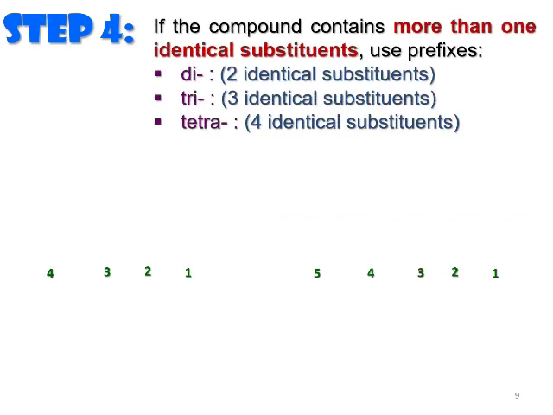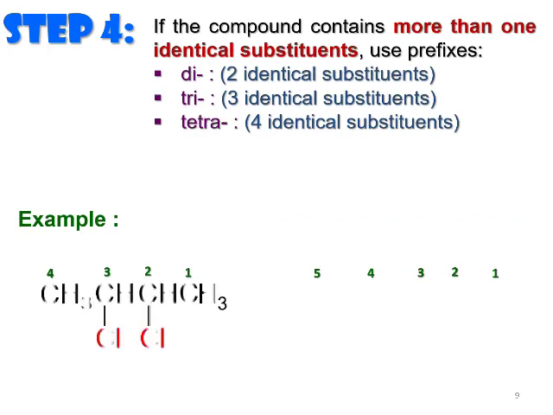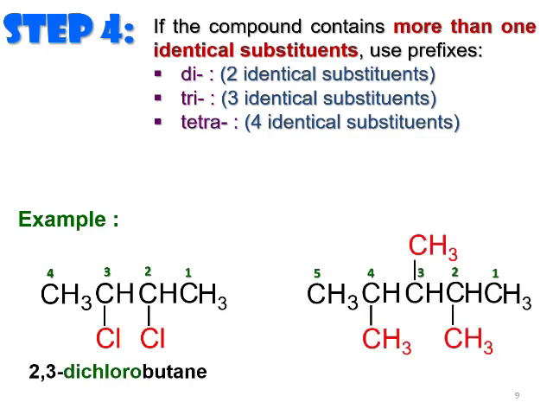Step number 4. If the compound contains more than one identical substituent, use the prefixes di, tri, and tetra. Di for 2 identical substituents, tri for 3, and tetra for 4 identical substituents. Look at the examples.